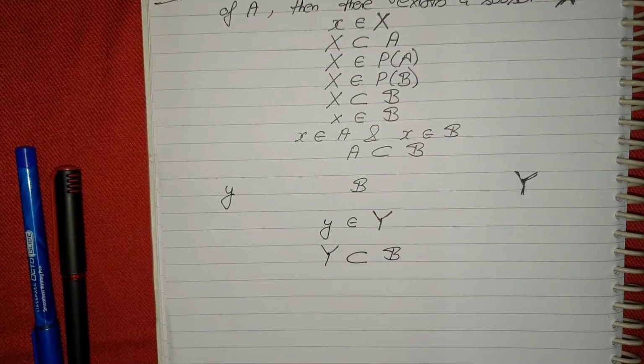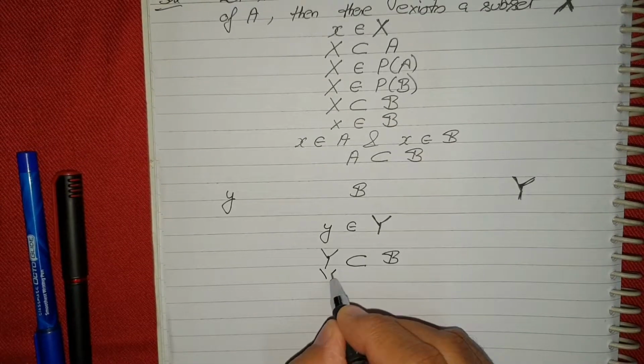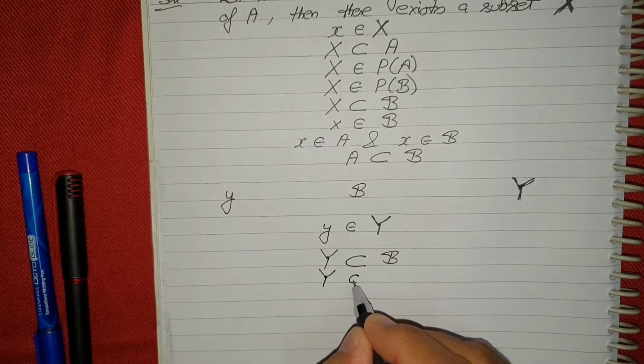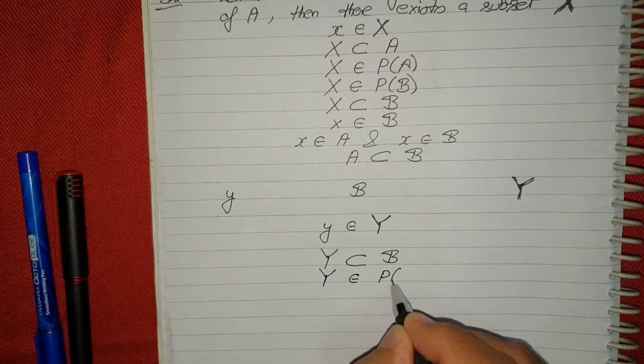Capital Y is a subset of B. That means this Y belongs to PB.